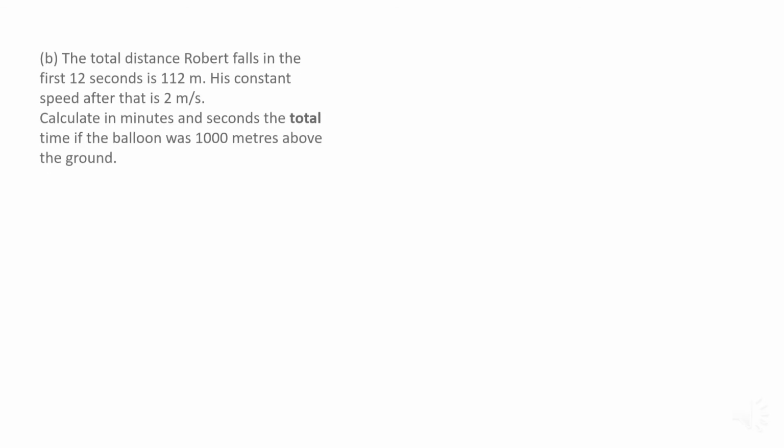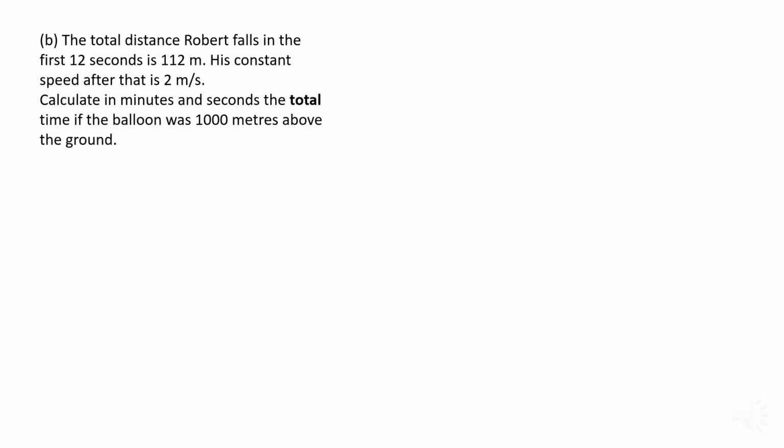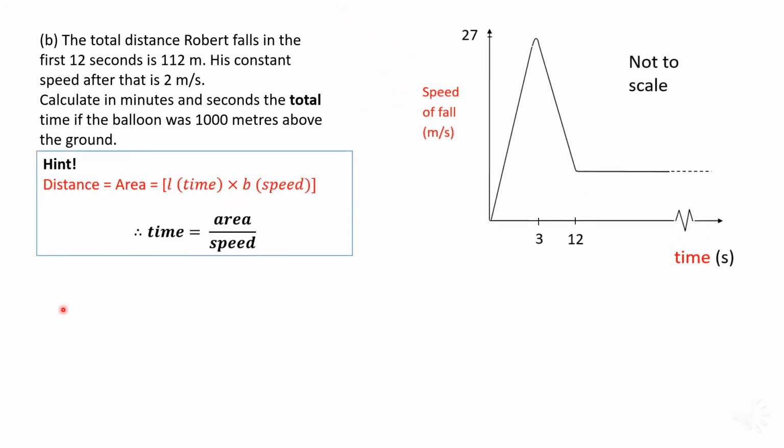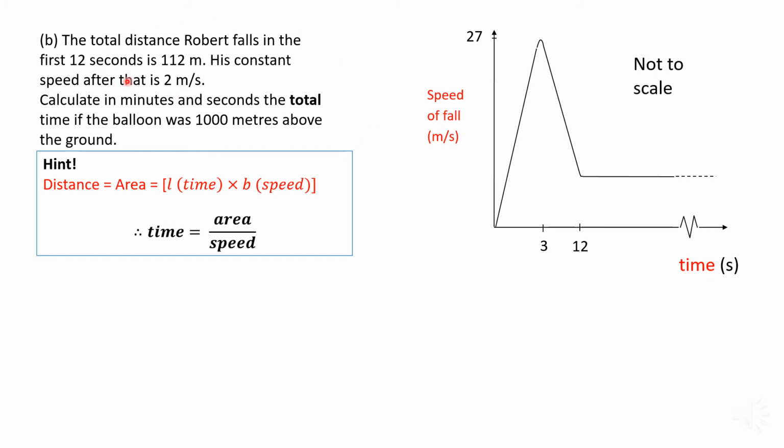Right, the B part of this question, you are supposed to read very well. You're supposed to be very careful. All right, there is a hint there, but we're going to try to read it step by step. So it says that the total distance Robert falls in the first 12 seconds is 112 meters. And this is what you need to understand, all right?